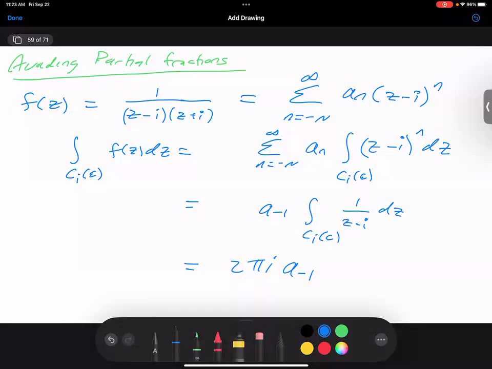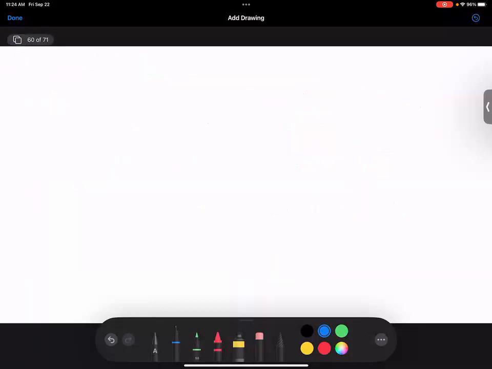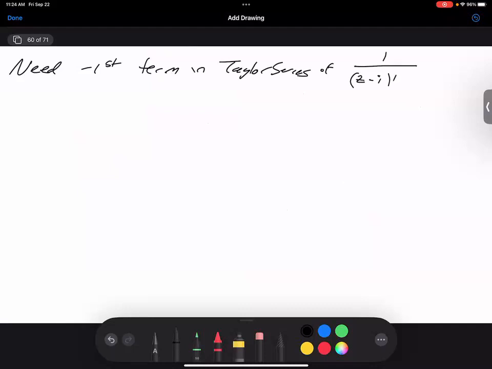So what we want to do is Taylor expand 1 over z minus i, 1 over z plus i, and find the negative first term in the Taylor series expansion. So we need the negative first term in the Taylor series of 1 over (z minus i)(z plus i).